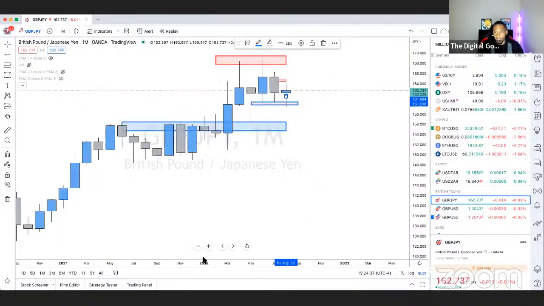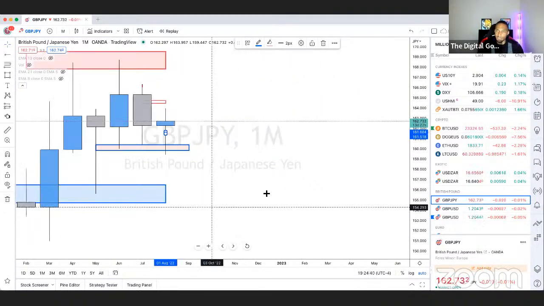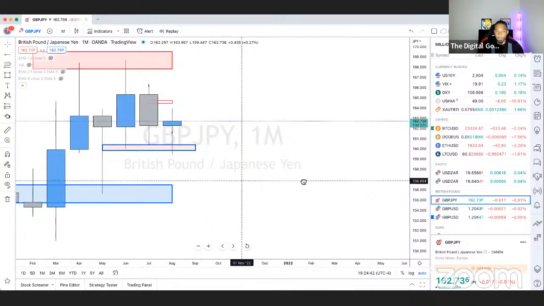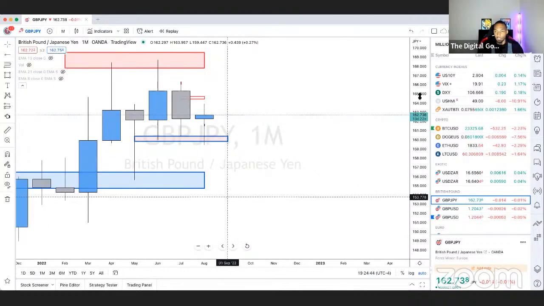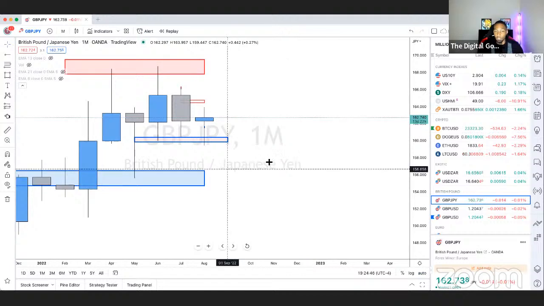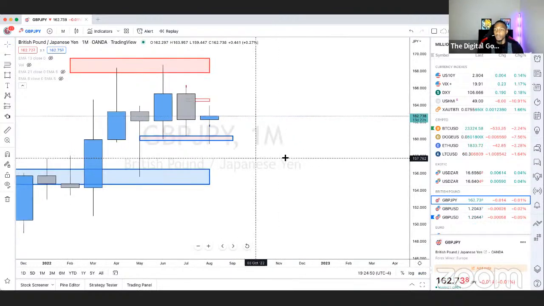So I talked about this. When it was Sunday, the British pound Japanese yen did open up bearish, right?